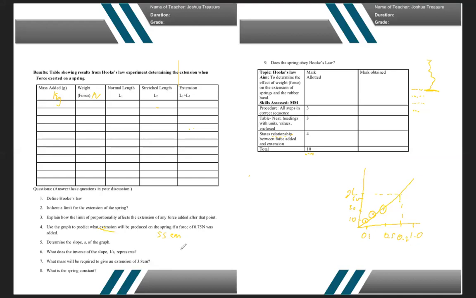Sir, what goes on the scale for weight and stretch length? Extension on the y-axis, weight or load on the x-axis. Excuse me, sir, should we start the weight at 0.1?